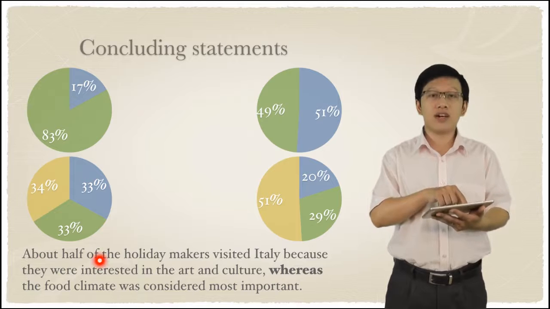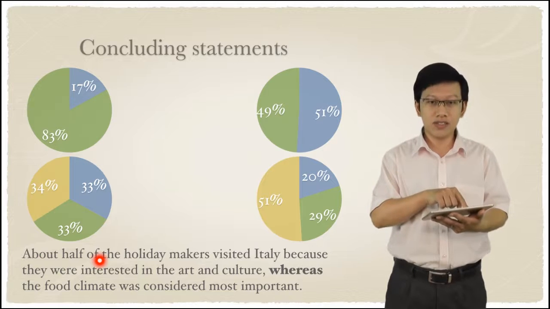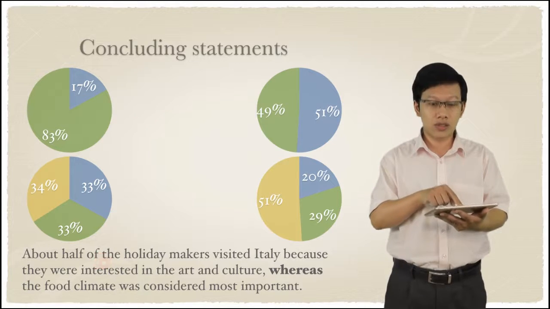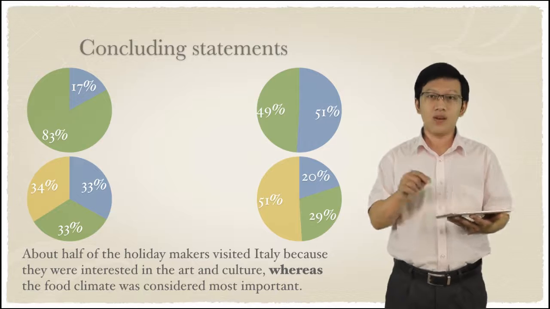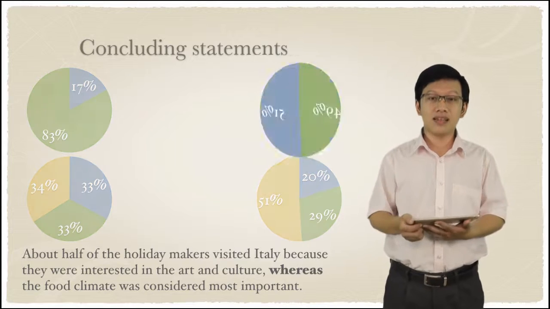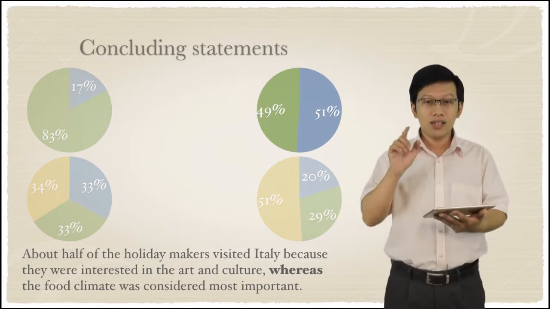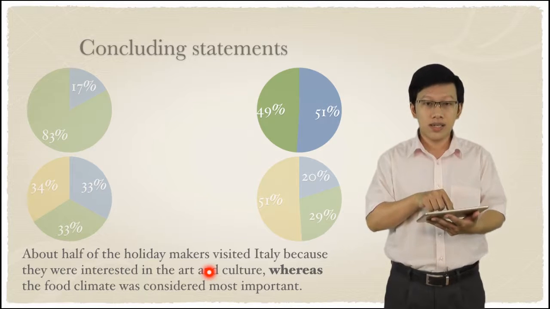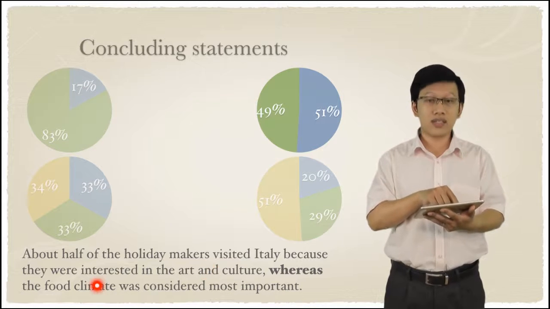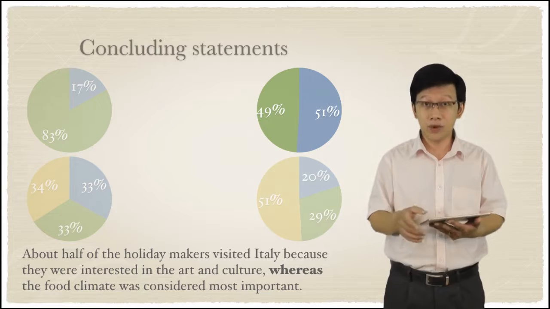About half of the holiday makers visited Italy because they were interested in art and culture, whereas food was considered most important. So which one do you think is the answer? Well, I think it must be this one, right? So half were about arts and culture, and the other is food and climate. That's it. That's the point.